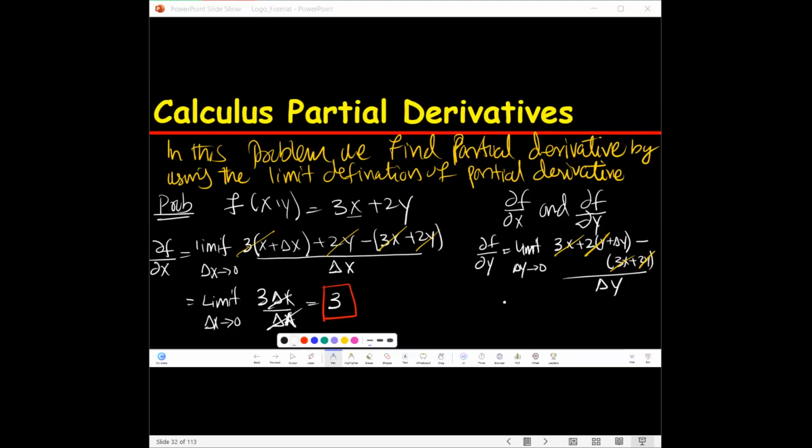So I'm going to write the cancelling, and the answer is 2, which is again the same answer you can get by using the usual method. That's what we use all the time. So this is just another way you can find a partial derivative, by using a differential form.